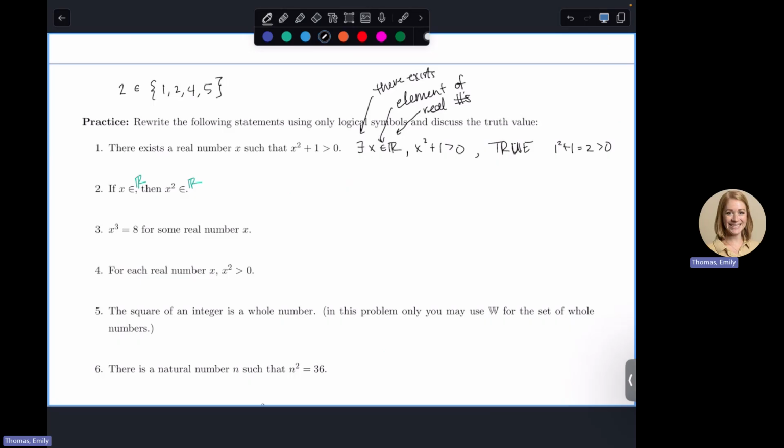For all x in R, x squared is in R. True? False? Do we know? Can we prove it? Not yet.